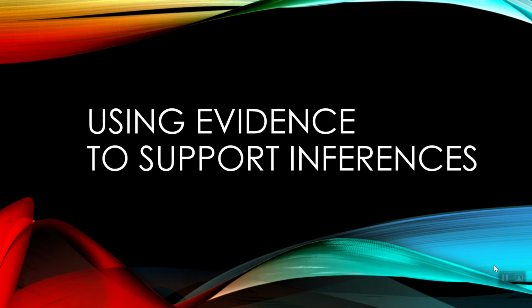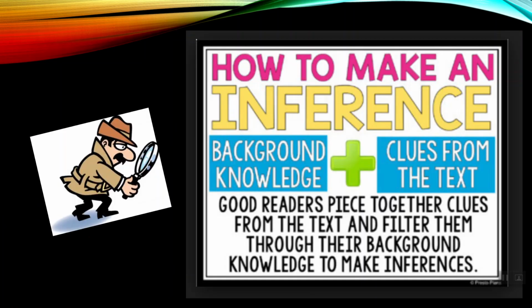When you draw a conclusion based on your own knowledge and clues from the text, we call that an inference. Let's review how to make an inference. Remember, when you infer, you are being just like a detective. You are looking for clues from the text, plus your background knowledge, or everything you already know, to make a good inference.